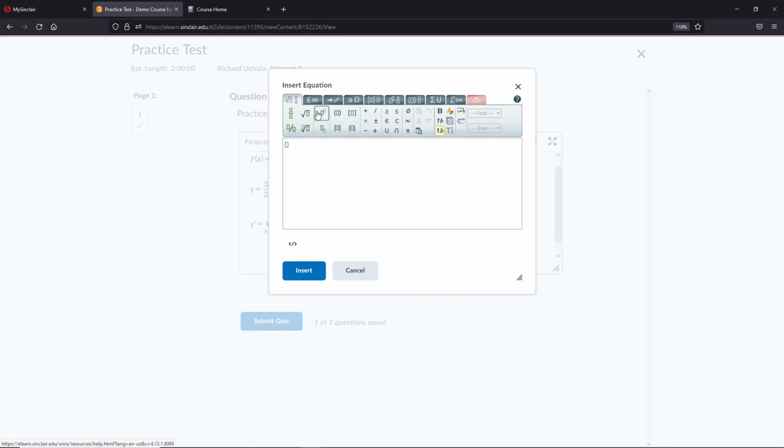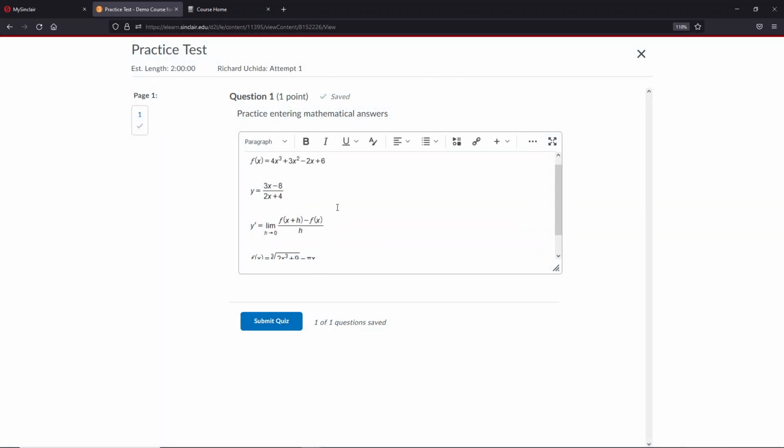Let's just say we wanted to enter f of x equals, now let's say we wanted the cube root, so change the index to 3, of, let's say, 2x cubed plus 9, and then let's say minus, let's just say, pi x, for example.